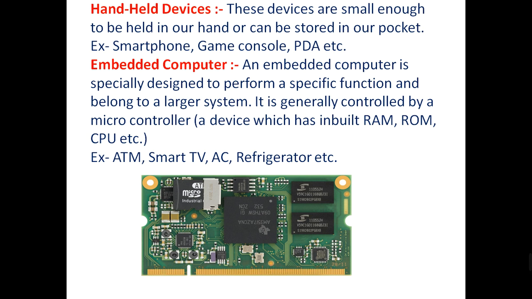So the function of that computer will be to regulate the temperature of the air conditioner. There is also embedded computer in your smart TV. So that particular computer can only work for the television purpose. Okay. ATM means automated teller machine has also its embedded computer in it. So that embedded computer can only perform transaction activities of the ATM.